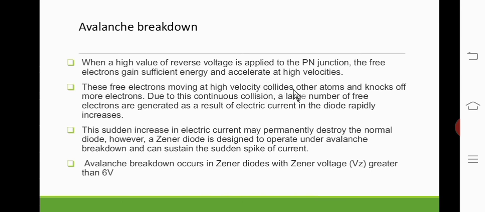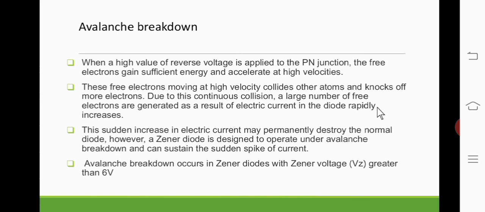Next, what happens? These high velocity electrons are moving and they collide with each other and knock off more electrons. Due to this continuous collision, a large number of free electrons are generated.